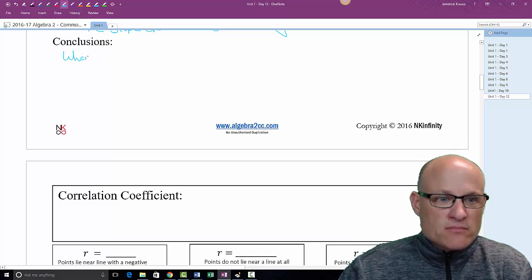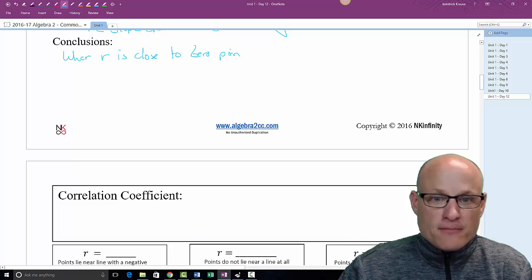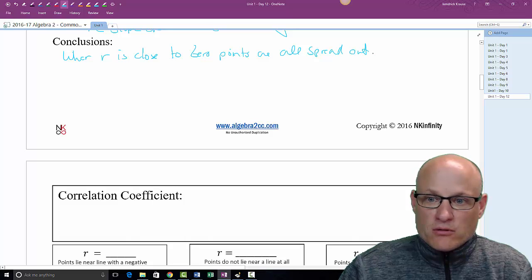When R is close to 0, points are all spread out.